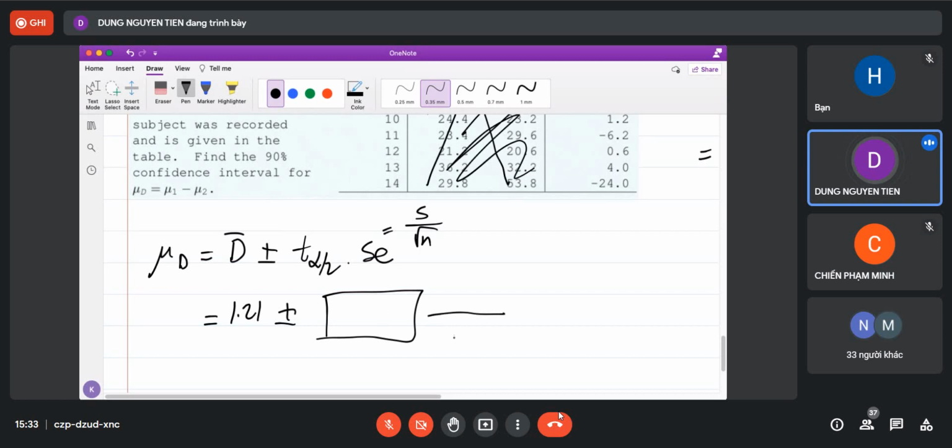So I get s over the square root of 14. The sample standard deviation of the last column is 12.68. You can double check to get that.